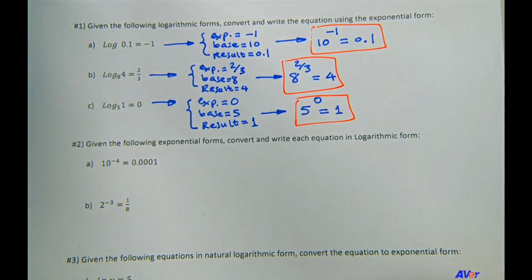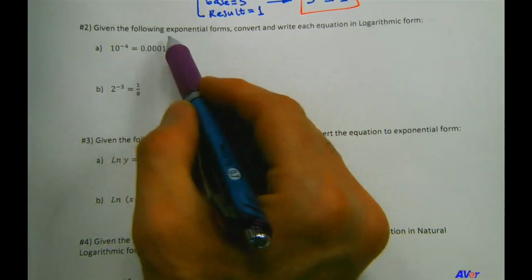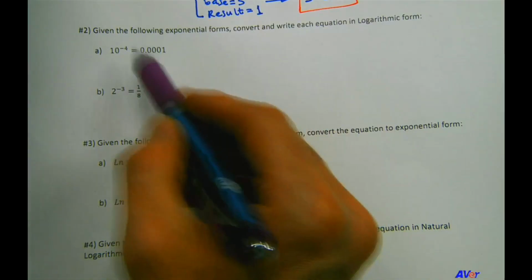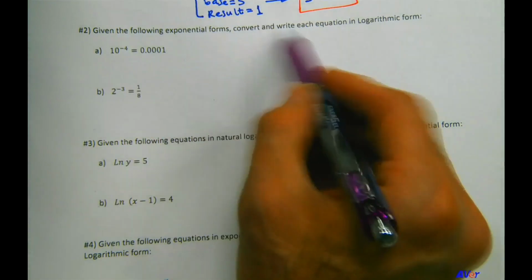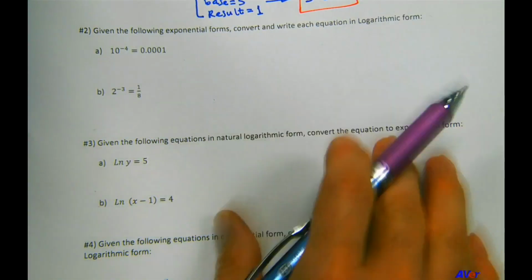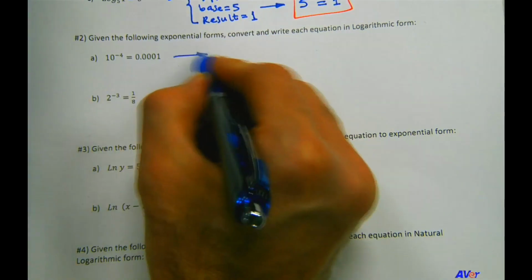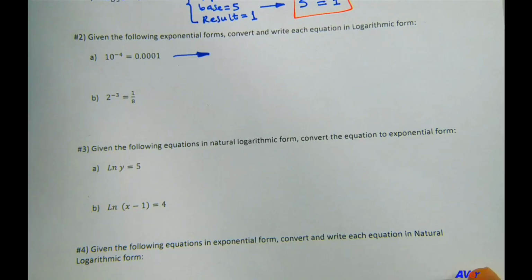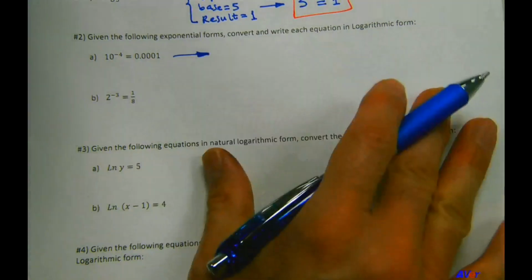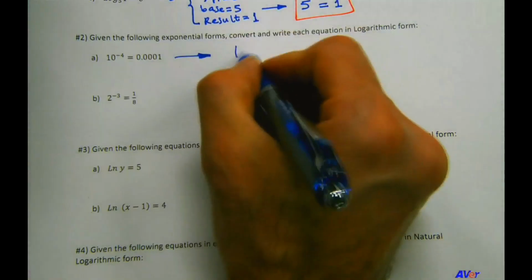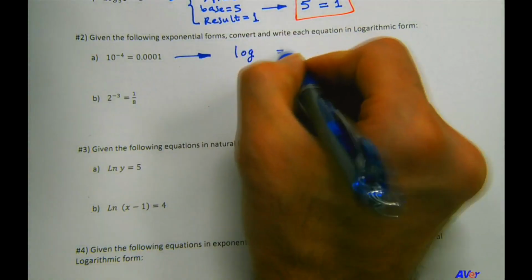Okay. All right. So number 2, it says, given the following exponential forms, this time we are given the exponential forms. Convert and write each equation in logarithmic form. Okay, so again, please pause the video, answer that question, and then come back to the video. Okay, so we know that the log functions generate an exponent, right?